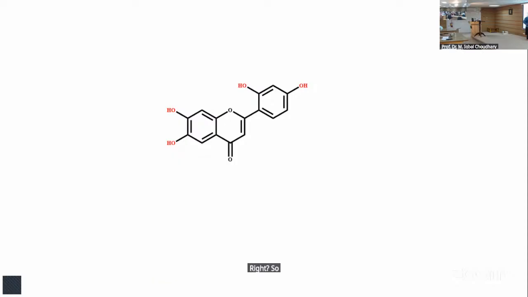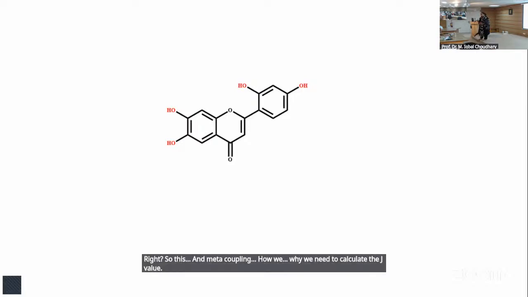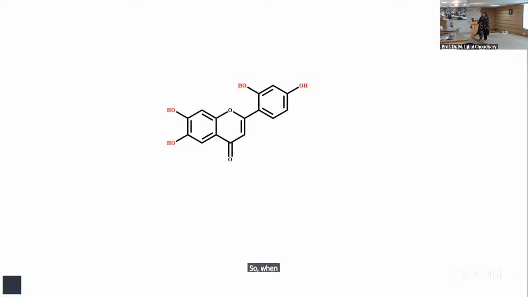So this is meta coupling, and why do we need to calculate the J value? When two protons are meta to each other, they usually have a J value between 0.8 and 2 hertz.